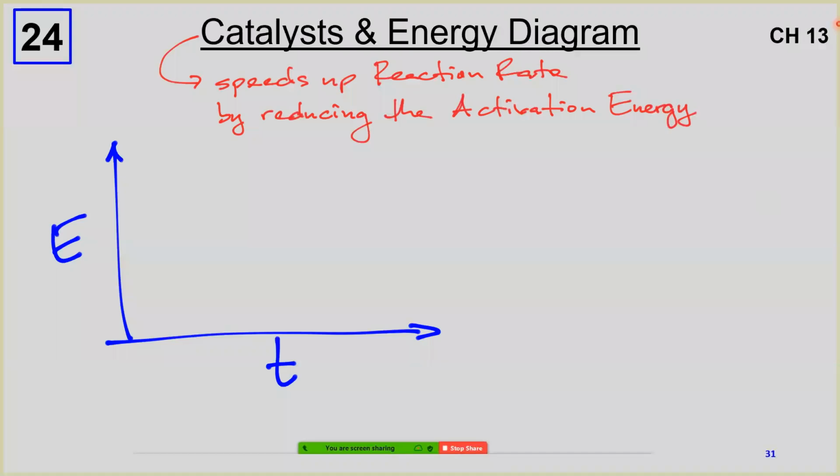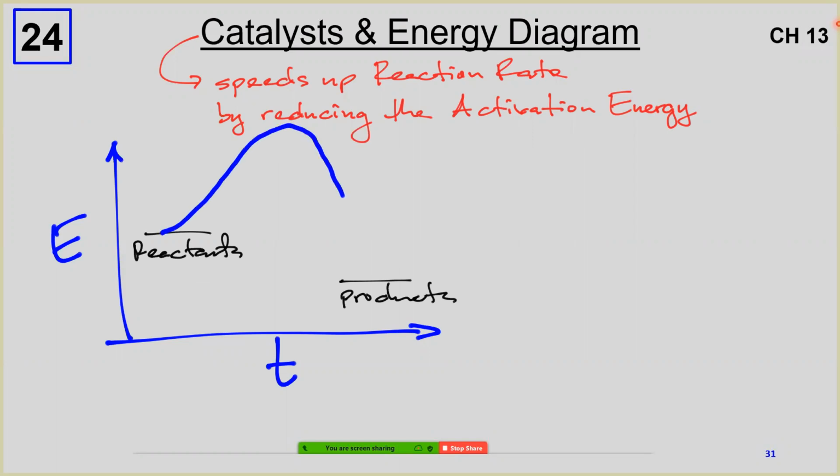So for a catalyzed reaction, let's say we have reactants on the left, we have reactants here, and then we have products here. For an uncatalyzed reaction, it would look something like this. So this is uncatalyzed.